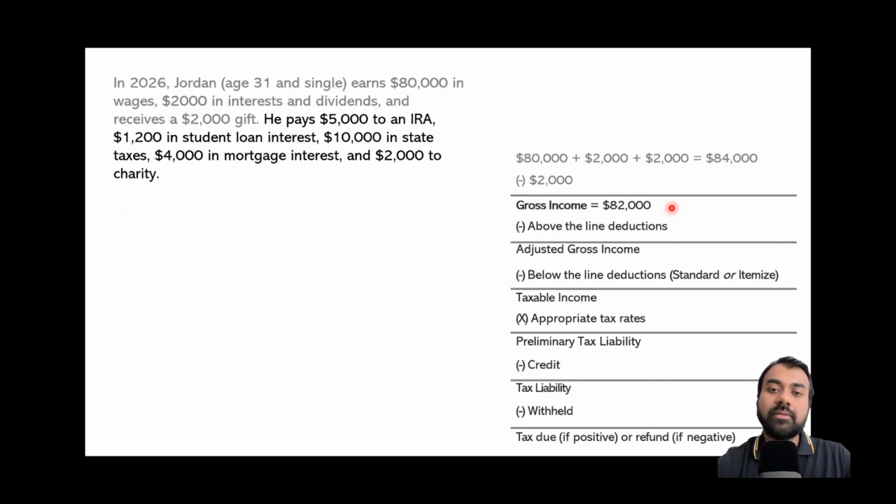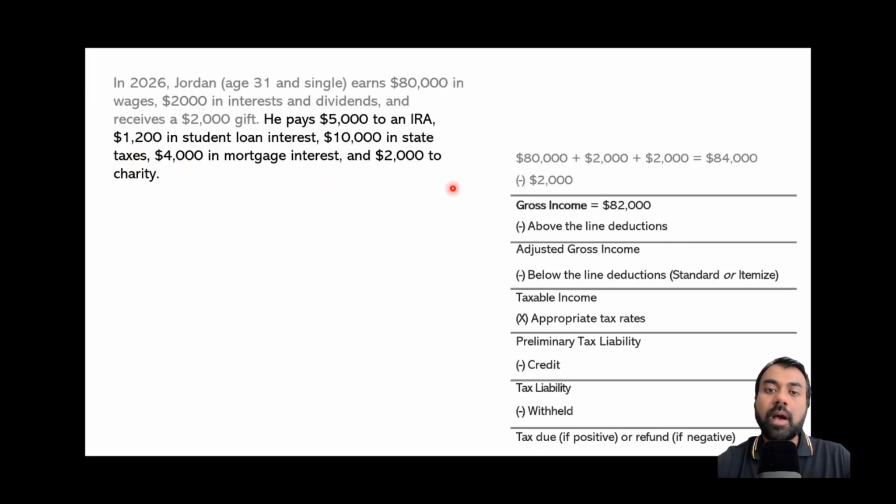The next step in the formula is above the line deductions. These are certain expenses that we can deduct from our gross income to arrive at our adjusted gross income. So now let's keep reading the question. It says he pays $5,000 to an IRA, 1,200 in student loan interest, 10,000 in state taxes, 4,000 in mortgage interest, and 2,000 to charity.